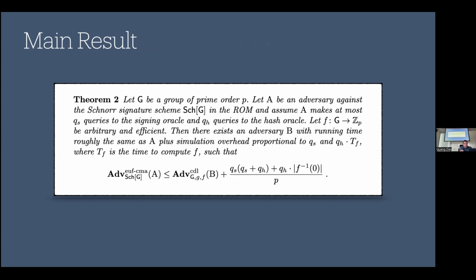Basically you lose in this CDL game if your R maps to 0 under F. If you choose an R and Z such that F of R is equal to 0, and there are too many pre-images of 0, that has too big a chance of happening in our reduction.